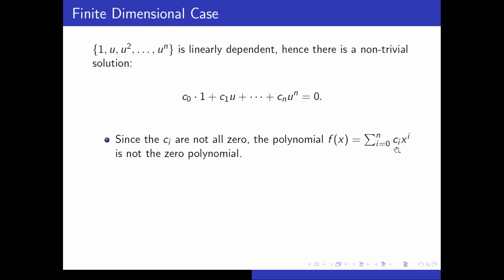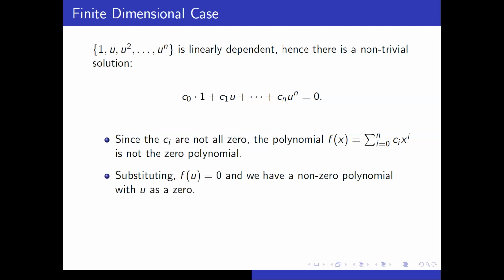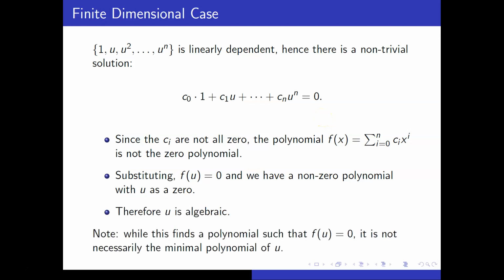I know at least one of the c sub i's is not 0, so this is not the 0 polynomial. But if I evaluate it at u, I just get this equation back, and I get 0. Hence, u has to be algebraic over F. I have found my polynomial using linear dependence.